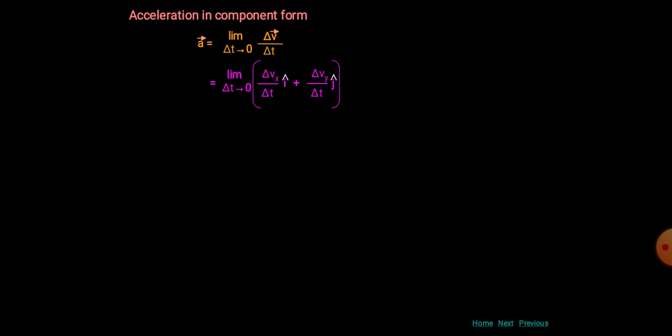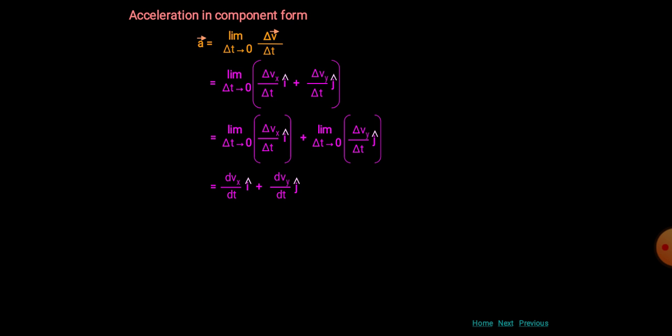You know, we can take it is vx i cap plus vy j cap. So we can write this equation limit delta t tends to 0 delta vx upon delta t i cap plus delta vy upon delta t j cap. We can separate it, limit delta t tends to 0 delta vx upon delta t i cap plus limit delta t tends to 0 delta vy upon delta t j cap. That we can write dvx upon dt i cap plus dvy upon dt j cap.